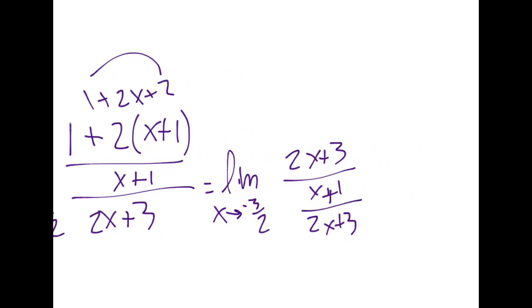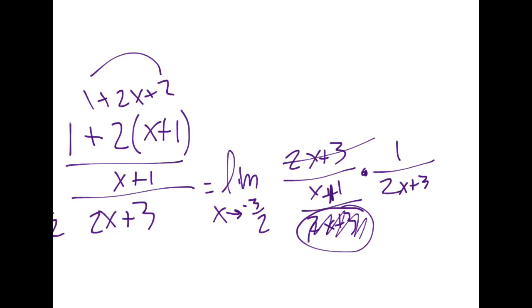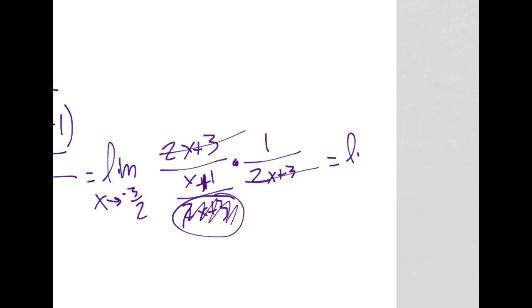And again, you can think that instead of dividing by that number right there, I can multiply by the reciprocal of that number, which is of course 1 over that number. And I have a 2x plus 3 and a 2x plus 3, numerator and denominator. So I get the limit as x approaches negative 3 halves of 1 over x plus 1.